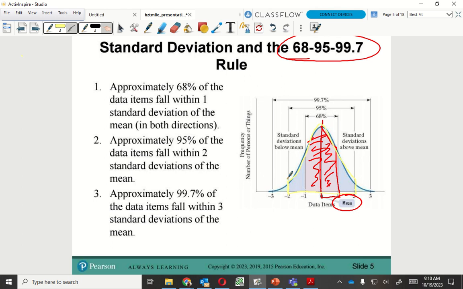So if this class was a bell curve on grades, whatever that average grade is, we would break that down, and 95% of all the students in this class would be between 30% and 90%.